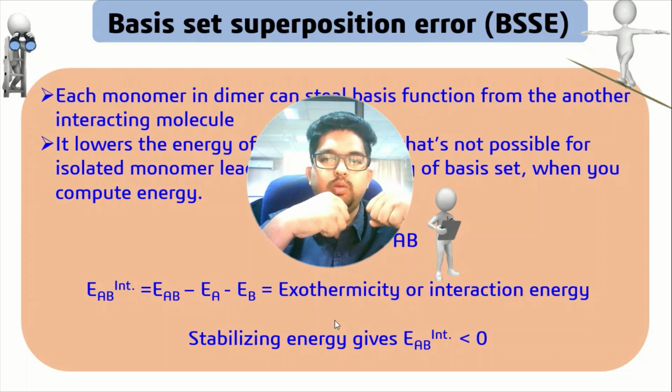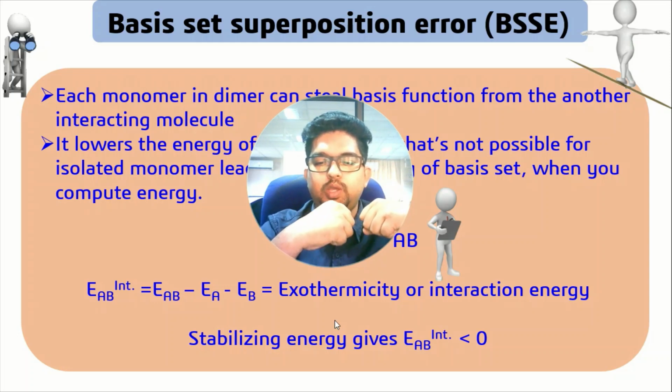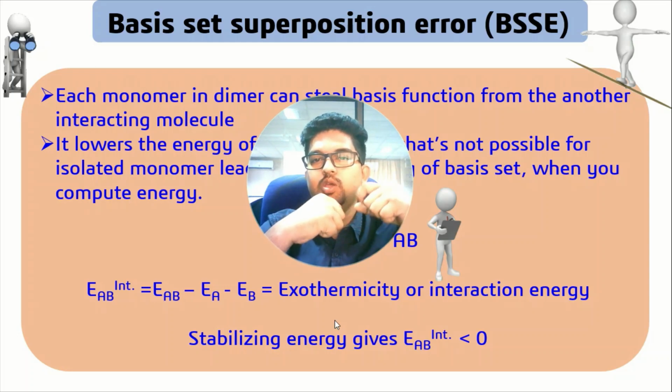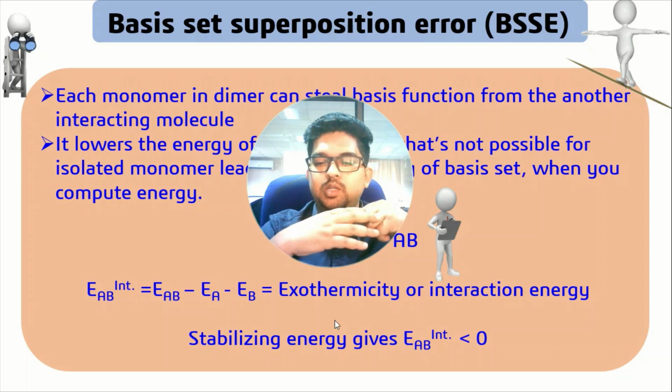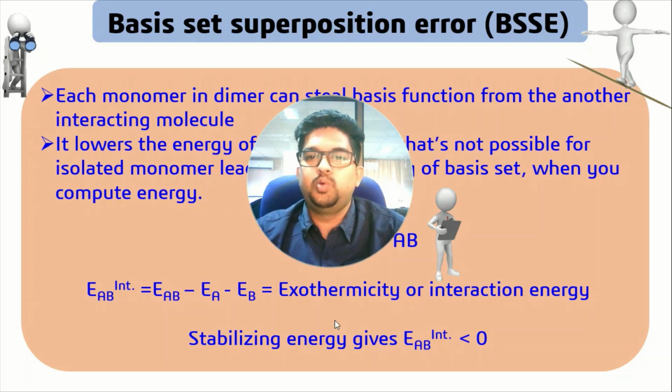The basis set that you have given for this molecule or this molecule will interact. Whatever basis set you have given for this one will interfere with the basis set of the other. Based on that, the interaction energy will be overestimated.